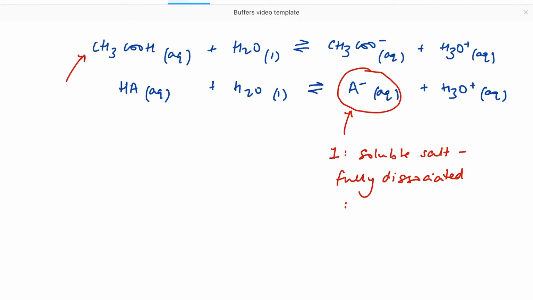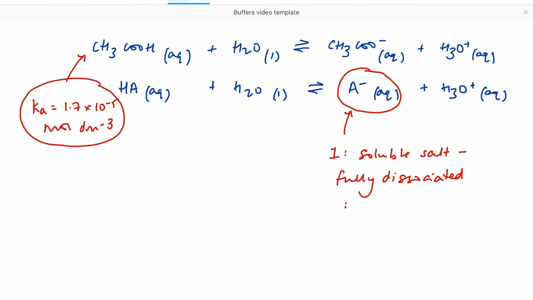So if I were to take ethanoic acid, I know that the Ka is 1.7 times 10 to the minus 5 mole per decimeter cubed. That is a very small number. So I know that in practice very few ethanoic acid molecules dissociate to form ethanoate ions. So we've got a weak acid, so we've got a negligible anion concentration from dissociation of the acid.